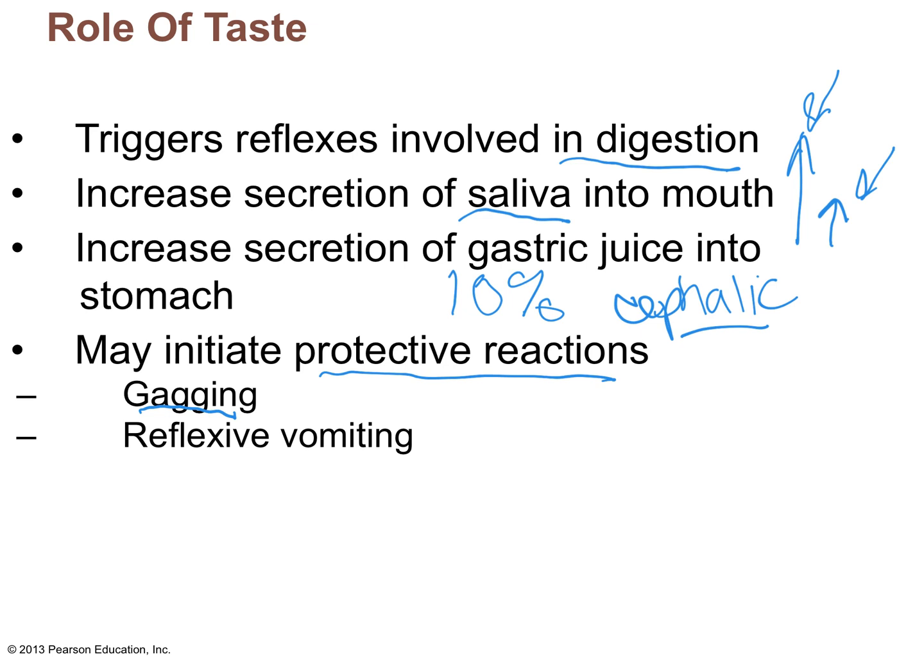So if you detect that different texture along with a more putrid type of taste, that may encourage gagging, and that can also encourage reflexive vomiting. So if you even put something past your tongue, because we still have taste buds at the level of the epiglottis and the pharynx, we can still get vomiting if something is off, even if we don't taste it with our tongue.